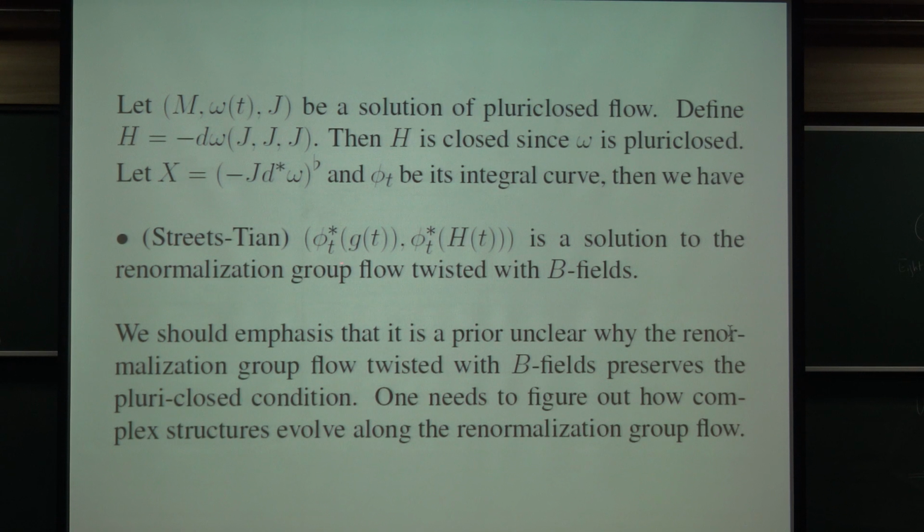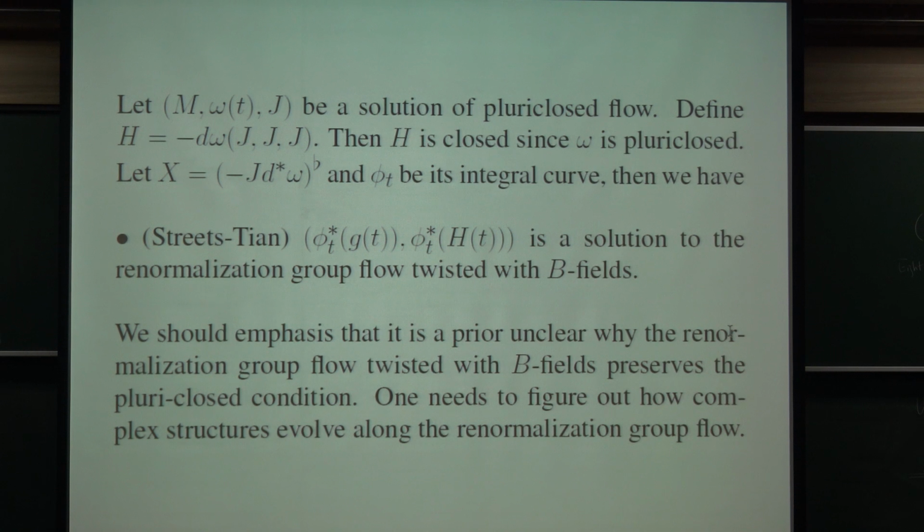Now I give you a recipe. You can easily go back and check this must be the case. But actually, it took us a long time to figure this out, to find this formula here. Okay, our motivation at the beginning was just to prove the pluriclosed flow is a gradient flow, just like Perelman did for Ricci flow. But we went through many possible functionals. It didn't work. So eventually, we related it to some known flow.